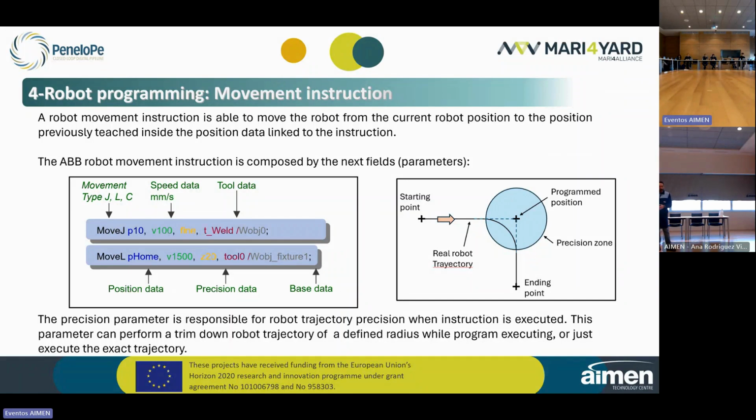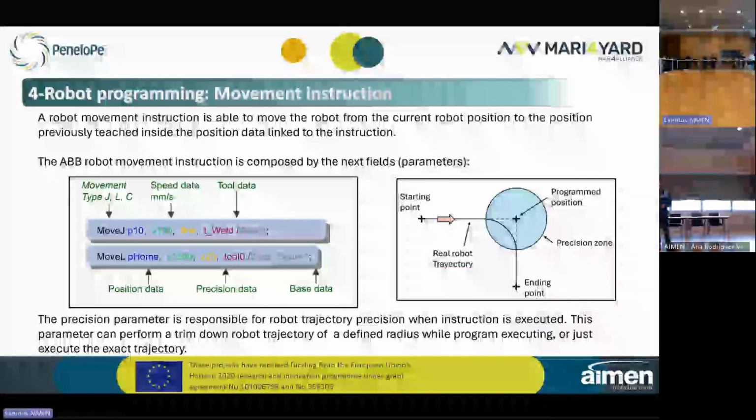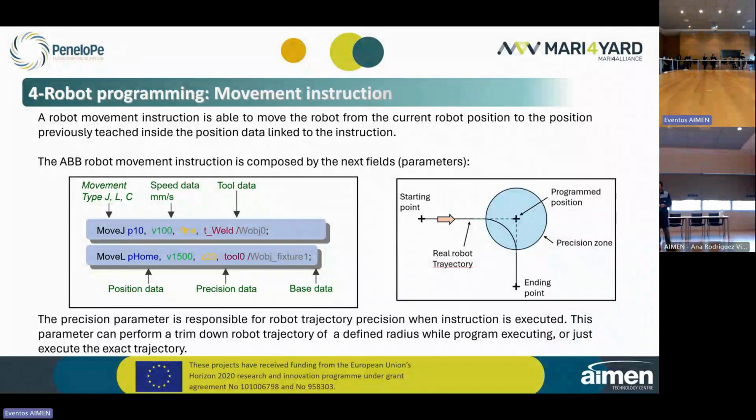This is easiest for it because the axis computer is not so overloaded with the different mathematical calculations it has to perform to get a perfect linear movement along the space, right? So really the move J instruction is the easiest way for the robot to move from one point to another, but it is a way in which we really don't have any control.